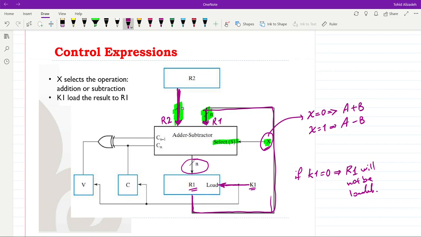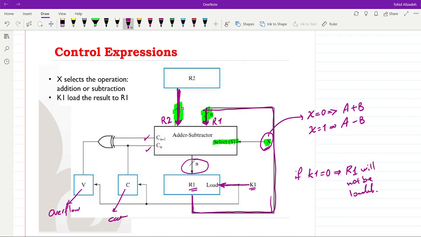You can also see that as the result of using the adder subtractor, we also have the carryout Cn and the carryout of the previous stage Cn minus 1, which could be used in order to determine the overflow and the carry.